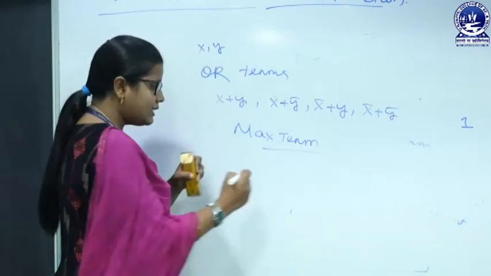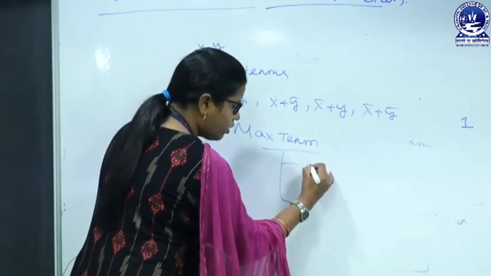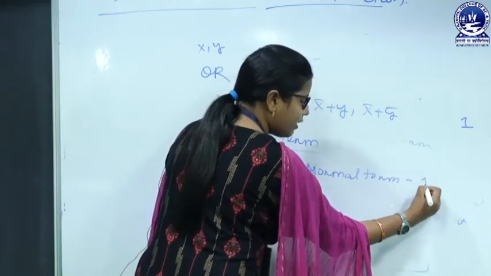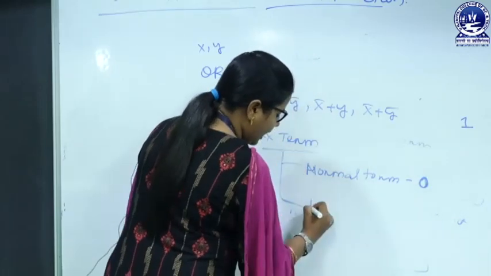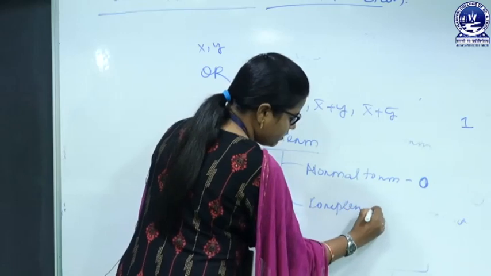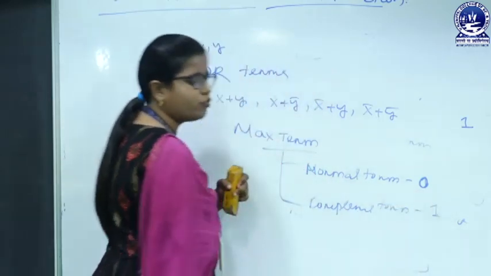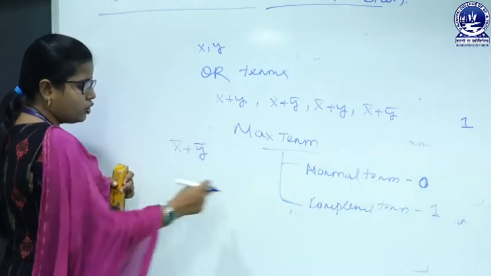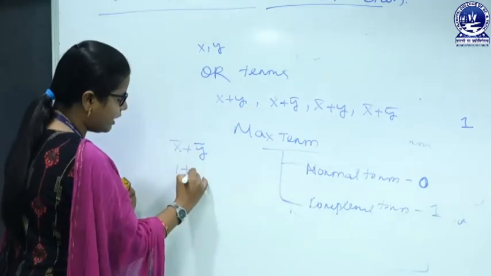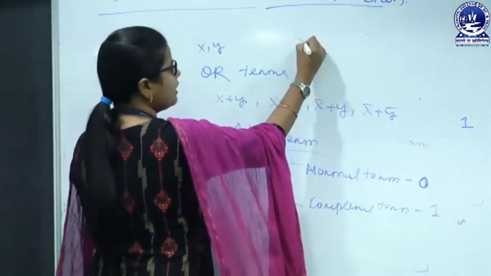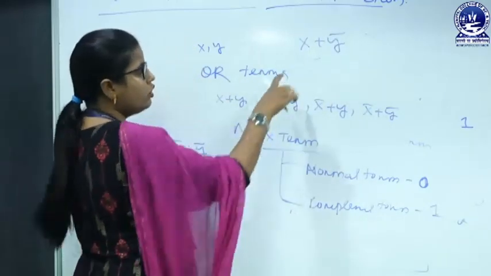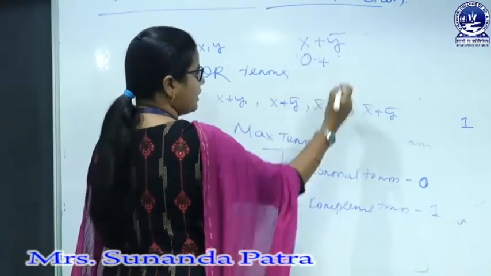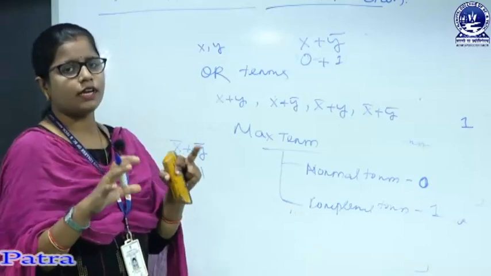In case of max term, the normal form will take the value 0 and the complement form will take the value 1. Suppose I am writing x complement plus y complement. The complement means 1, so here the value is 1 plus 1. If I am writing x plus y complement, the normal form will take 0 and the complement form will take 1, so 0 plus 1. So this is the max term.